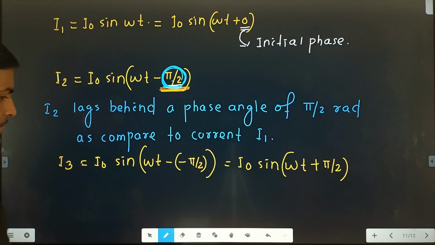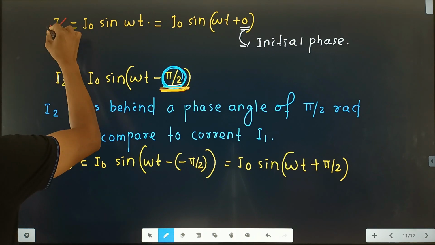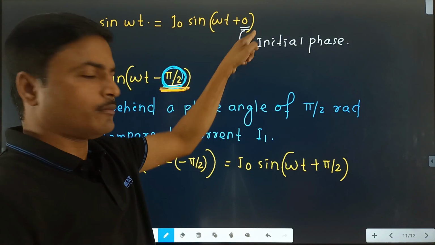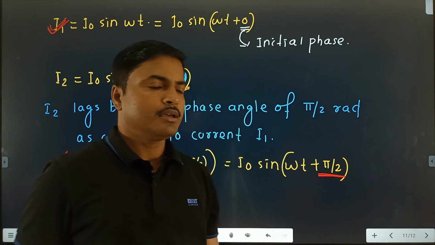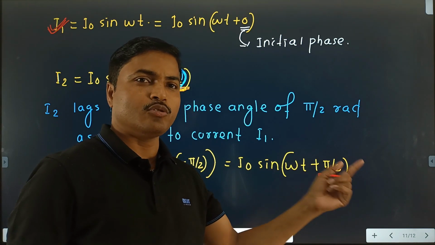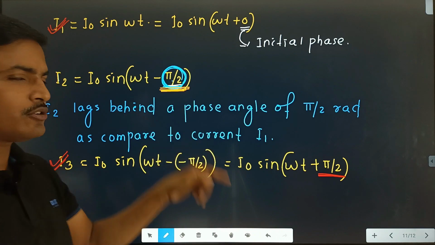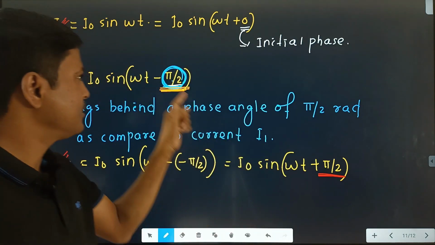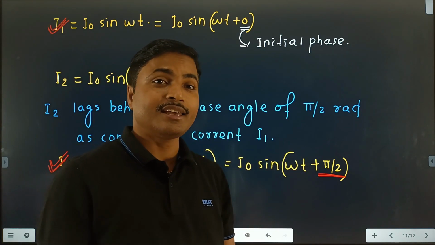If we compare I3 and I1, here the initial phase is 0, here the initial phase is plus pi by 2. Plus pi by 2 means ahead, minus pi by 2 means lags behind. Simply, minus means lags behind, plus means ahead.